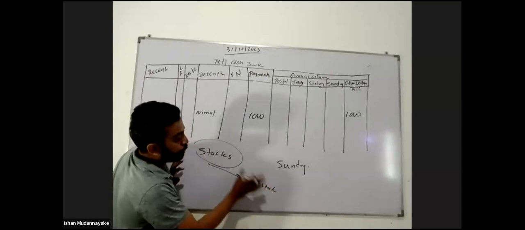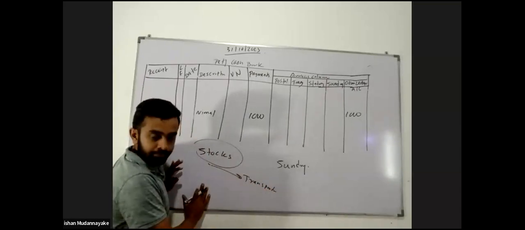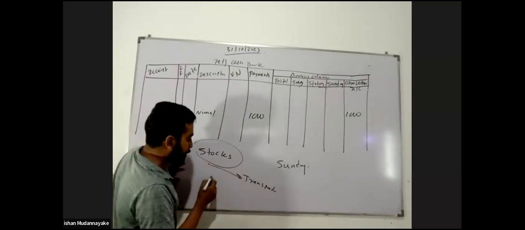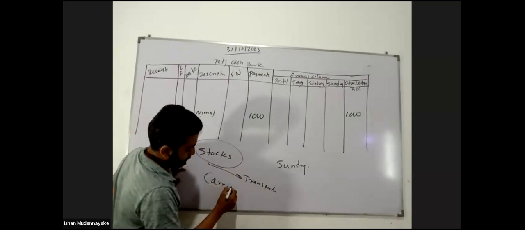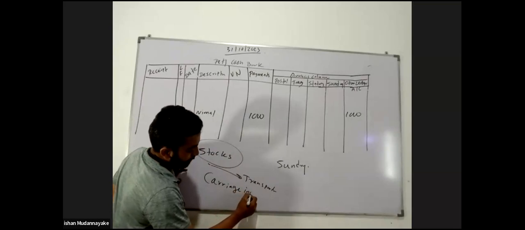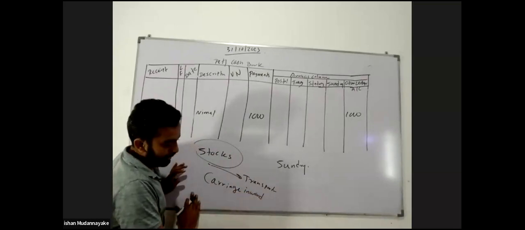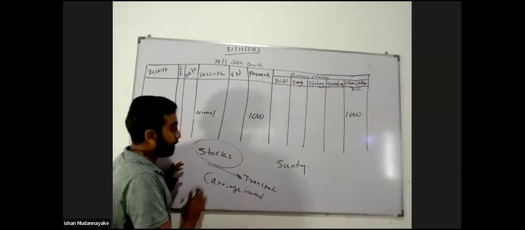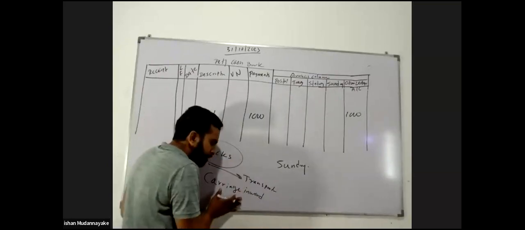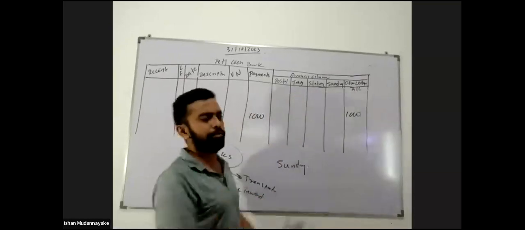That is called carriage inward. Carriage inward expense, transportation cost. So for carriage inward also the business has a separate ledger account.